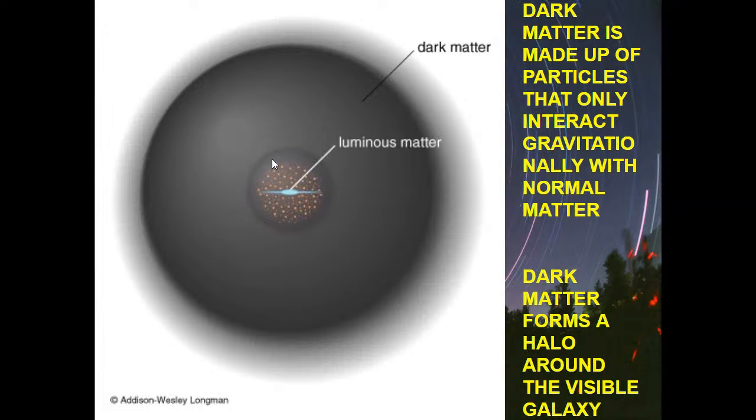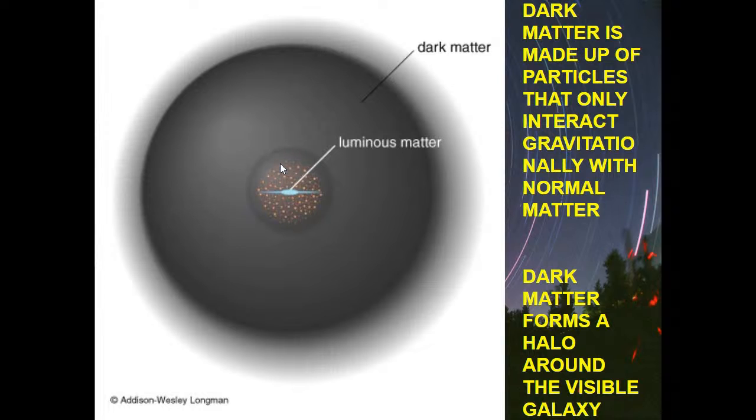So the light that we receive from stars as well as gaseous matter comes only from this region. So here you have the spiral arms, the bulge, and the stars in the globular cluster.